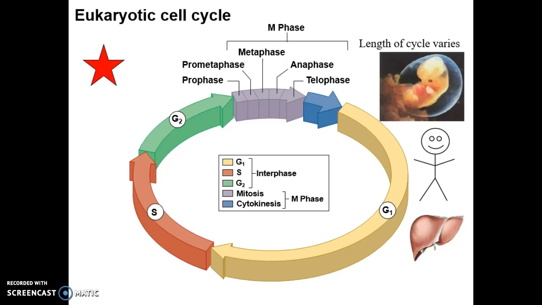Now, if this whole loop here is 24 hours, G1, S, and G2 collectively add up to probably 16 to 18 hours of the cell's life if it's a 24-hour lifespan or a 24-hour process. So things like your skin cells and your hair cells, it's roughly 24 hours for them to go through this.